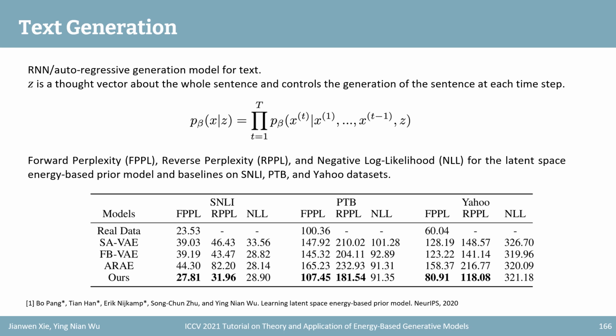Each xt is a token. The table shows a performance comparison among different methods in terms of forward perplexity, FPPL, reverse perplexity, RPPL, and negative log likelihood. The FPPL measures the fluency of the synthesized sentence.